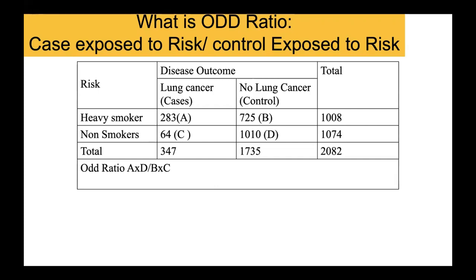Among heavy smokers, there are 283 people who developed lung cancer and no lung cancer in this group. Among non-smokers, 64 developed lung cancer, and in non-smokers without cancer, 1010. So in this calculation, what is your result?